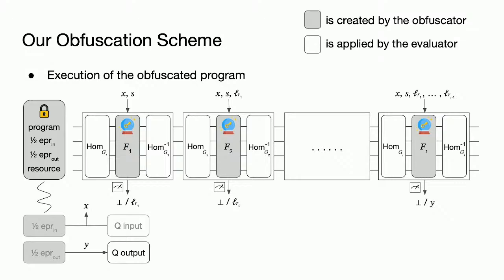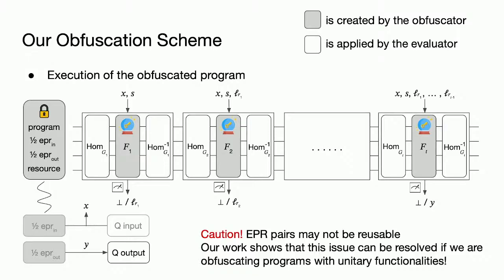Okay, so here one might be worried that these EPR pairs will be destroyed after a single evaluation, right? The good news is that we show that this issue can be resolved if we focus on obfuscating programs with unitary functionalities. In particular, we have a generic way to restore the state to its original state after evaluating the obfuscated program.